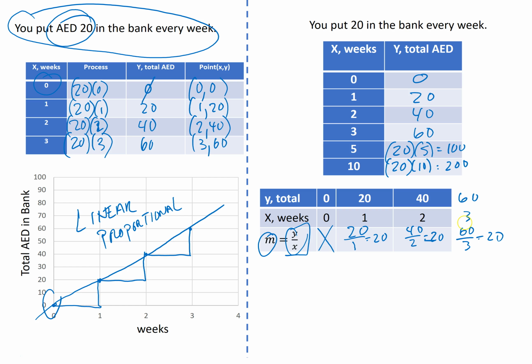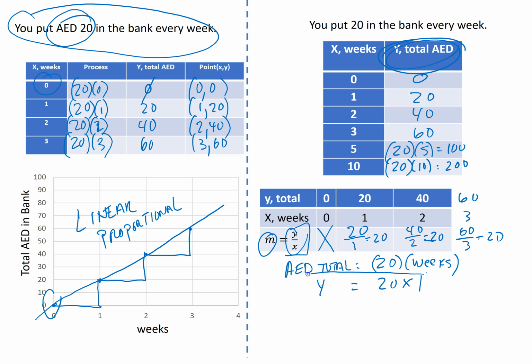So what if I want to find out how much money I have in the bank at any time? So my total money in the bank is going to be what? 20 times the number of weeks. What's my equation? Well, total amount of money is y, and my weeks is x.